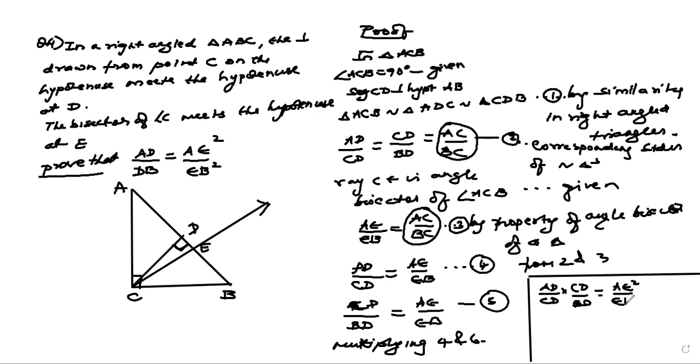Now this CD and CD get cancelled. So ultimately you get AD upon BD is equal to AE square upon EB square, children. So I think people have understood it.